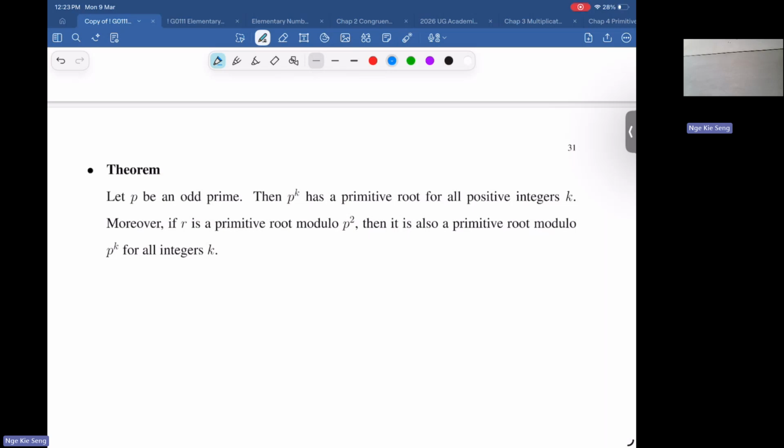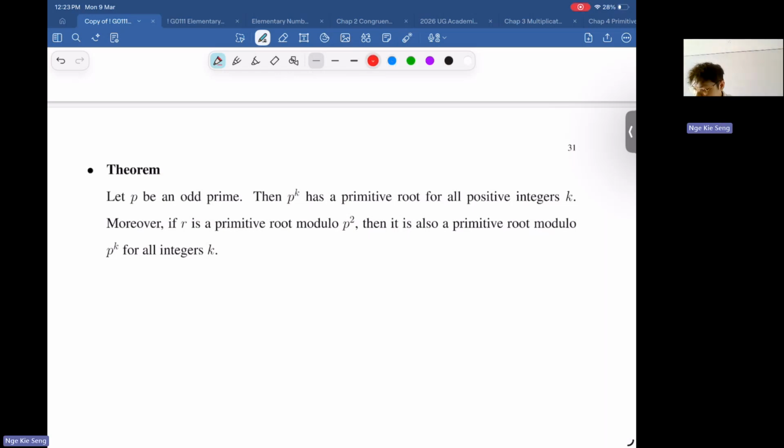What do you do? You just add p to your r. It will be a primitive root for p squared. Then this r plus p will again be a primitive root for all the other powers of p. So all prime powers have a primitive root. This is the corollary. Make sense?